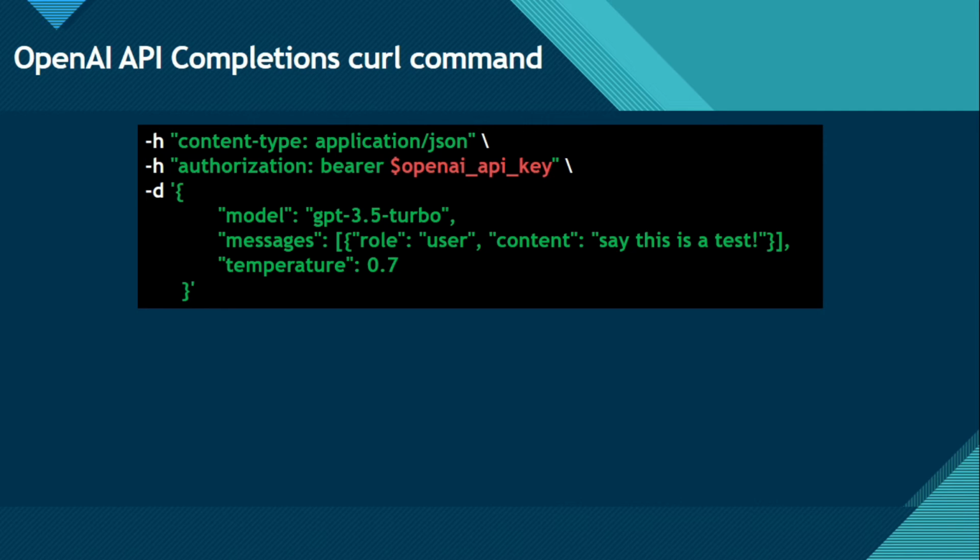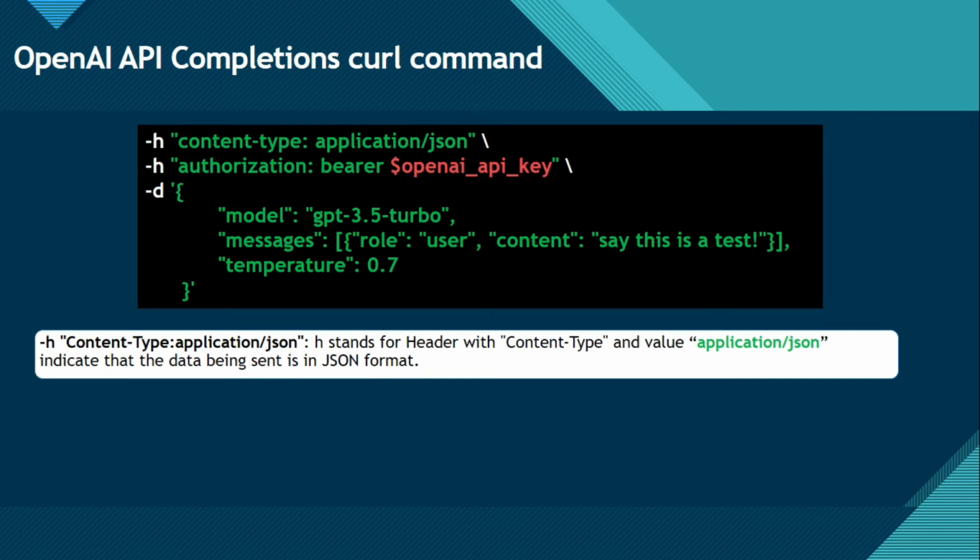Let me explain this. So -H and then content type application/json. Here -H stands for header, with the content type and the value application/json. What is JSON? JSON stands for JavaScript Object Notation.